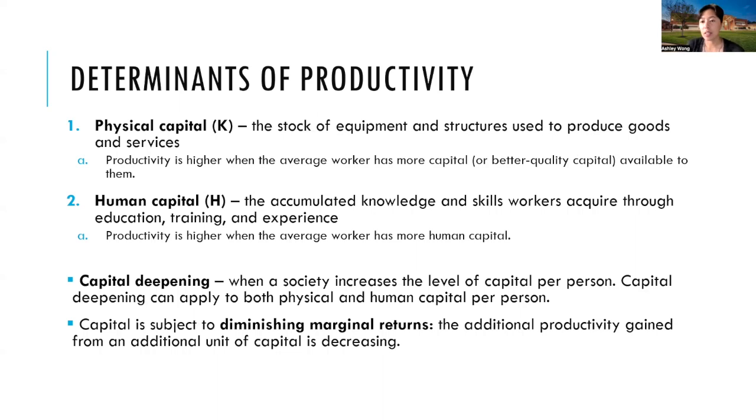Similarly, you're taking this class, you're in college, so the knowledge that you're gaining through education is going to make you more productive in the respective career that you're choosing. And so within a society, we call this increase in the level of capital per person, capital deepening. And capital deepening is one of the ways that we can increase productivity.